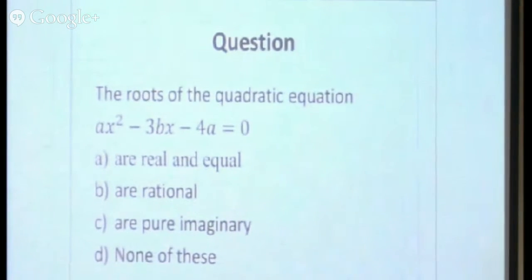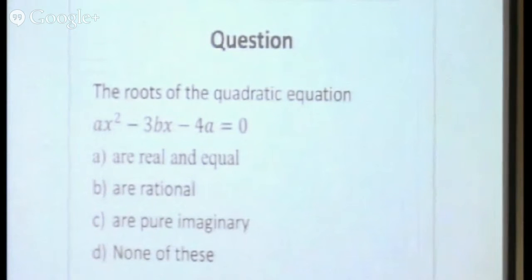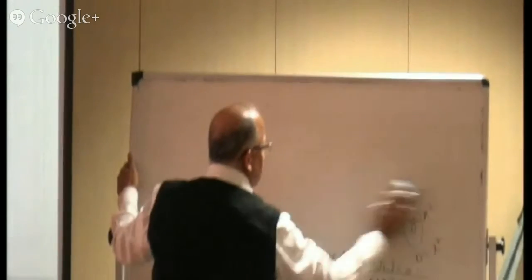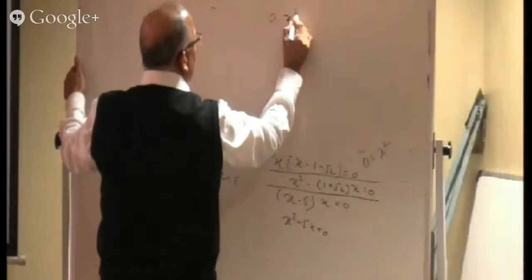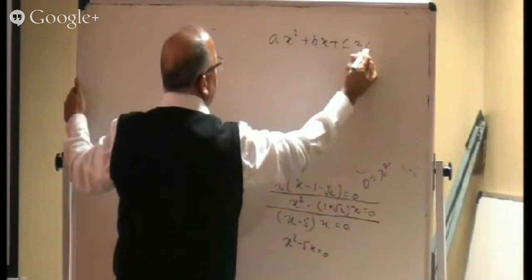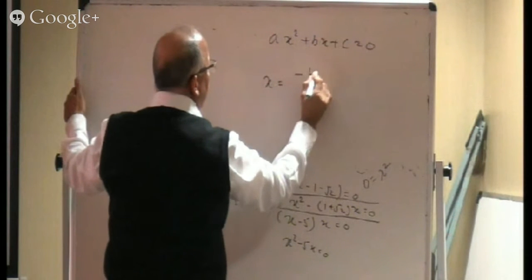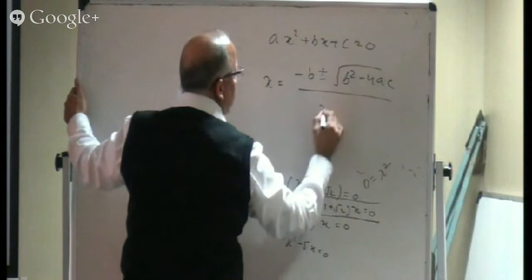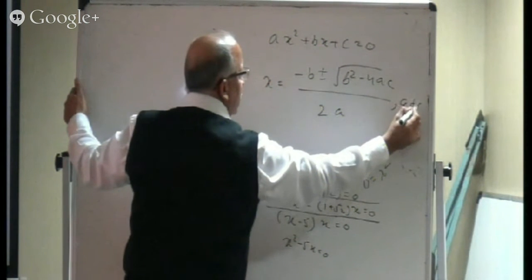The roots of the quadratic equation are real and equal. Whenever you have to test this, given a quadratic equation ax square plus bx plus c equal to 0, you know how to find the roots. That is pretty simple, that you have done in your school. The roots are given by minus b plus minus root of b square minus 4ac upon 2a, and this 2a is valid because a is not 0.